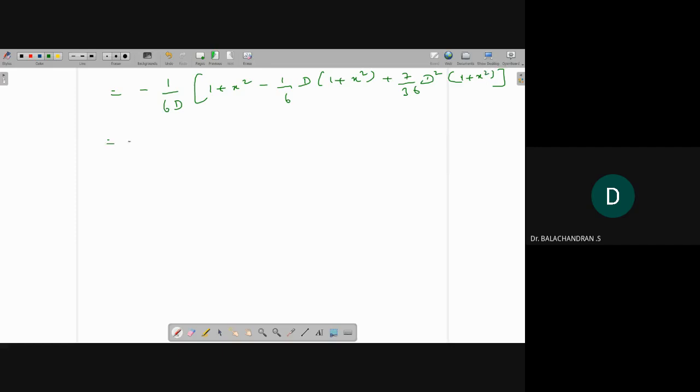So minus 1 by 6D, 1 plus x square minus 1 by 6. Now differentiation of 1 is 0 plus differentiation of x square is 2x, plus 7 by 36, d square of 1 is 0 plus d square of x square is 2.